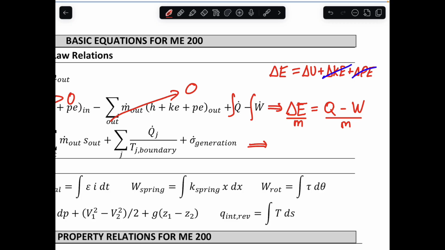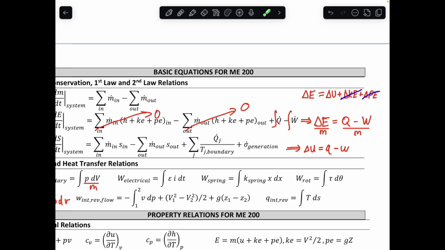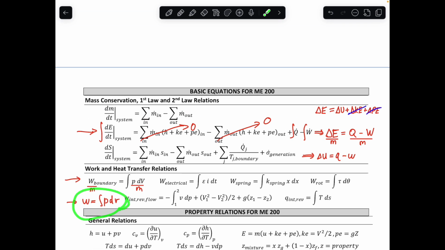So the change in specific internal energy, delta u, should be equal to the specific heat transfer minus the specific work. We have these quantities in our table, and we have our equation to solve for the specific work, and then we can use that to find our specific heat transfer for each of the cases.